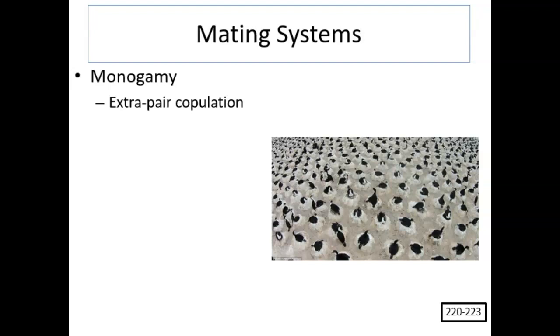By an extra pair copulation, I mean, let's say that the male that was associated with the nest of this bird, maybe that male had the opportunity to mate with a female from this nest over here, and he does so. That would be an extra pair copulation. Or the female is here, and her male has gone out to get food, and there's another male around, and she has the opportunity to mate with that other male.